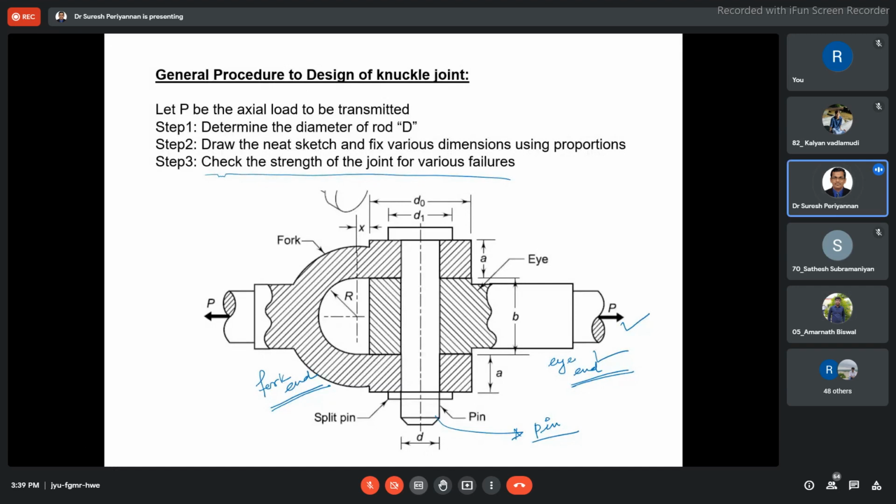Okay, valid points. In the quarter joint also we discussed, the components fork end and eye end have a complicated structure.